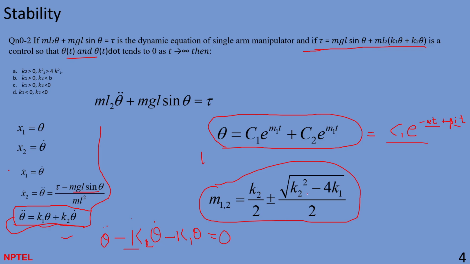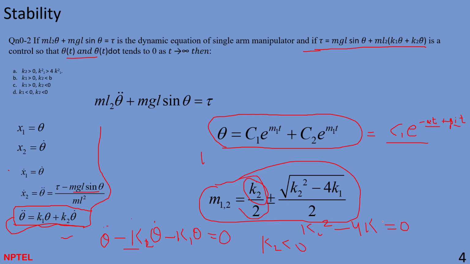Let's say this value, k2 square minus 4k1, goes to 0. 0 is also good, but we need k2 to be negative, because this is the real part.